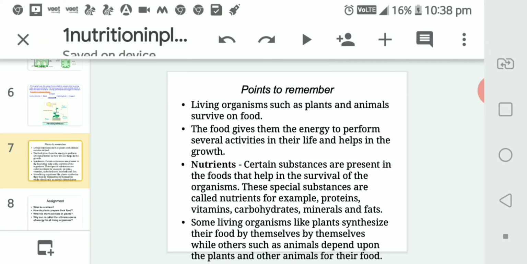These special substances are called nutrients, for example, proteins, vitamins, carbohydrates, minerals, and fats. Some living organisms, like plants, synthesize their food by themselves, while others, such as animals, depend upon the plants and other animals for their food.